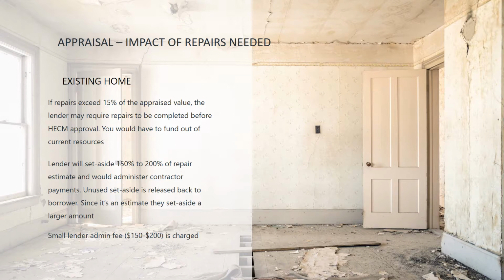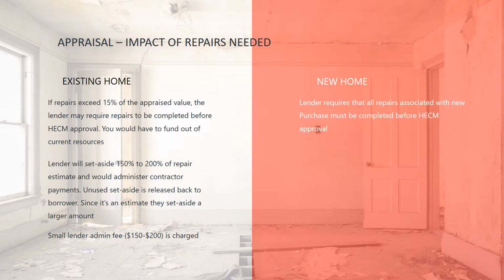The lender will always increase any contractor or appraiser's estimate for repairs to make certain that they have sufficient money set aside. You will get back any unused portion. On a home being purchased, regardless of the size of the repairs, the lender will require that all repairs be completed by the seller before it approves the HECM.